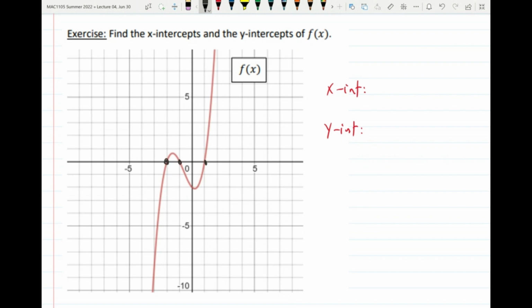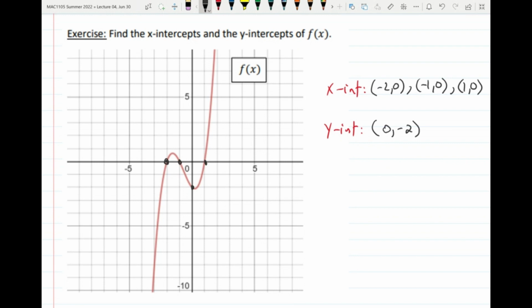So they are -2, -1, and 1. So the x-intercepts are (-2,0), (-1,0), (1,0). And the y-intercept? This one right here. What is it? It's (0,-2). Do you understand this?